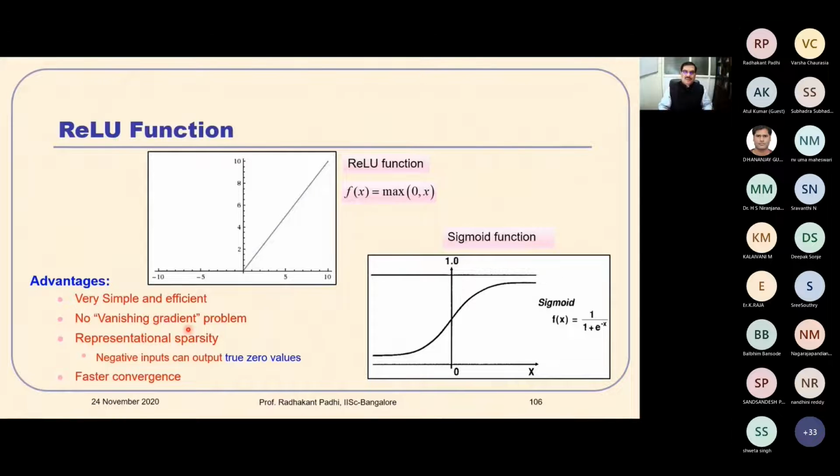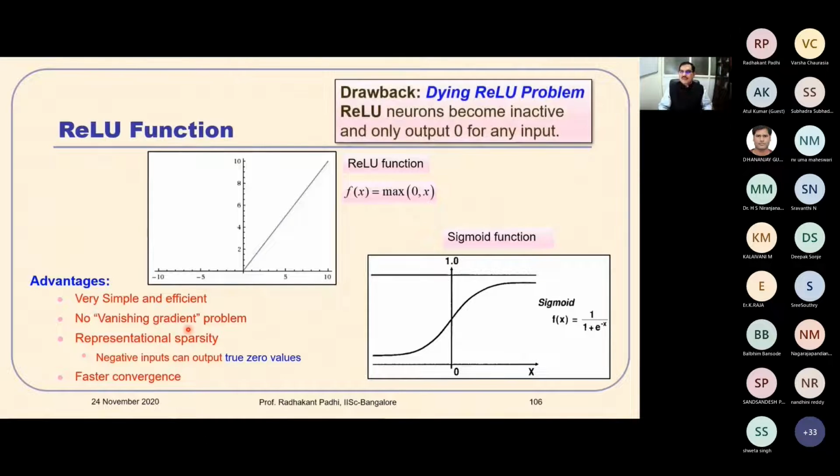It looks very simple, but somebody had to think deeper to arrive at this function. But also remember, nothing is a free lunch. So it comes with some sort of drawback. And what is the drawback? The dying ReLU problem, right? What happens here is, suppose the input remains negative for a large number of training cycles, then it never produces any value.